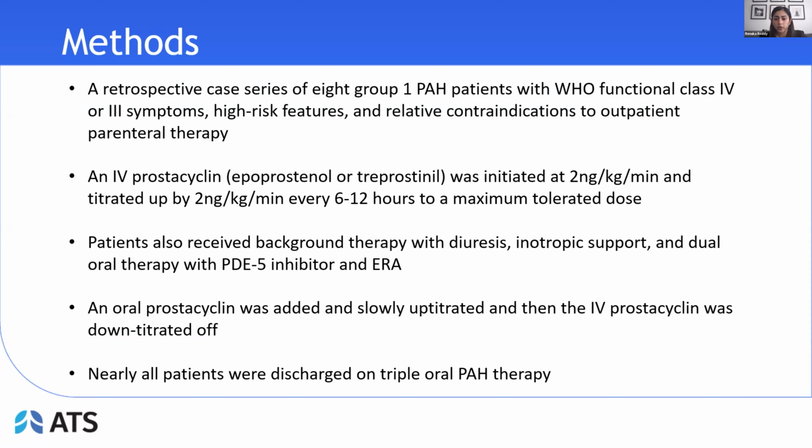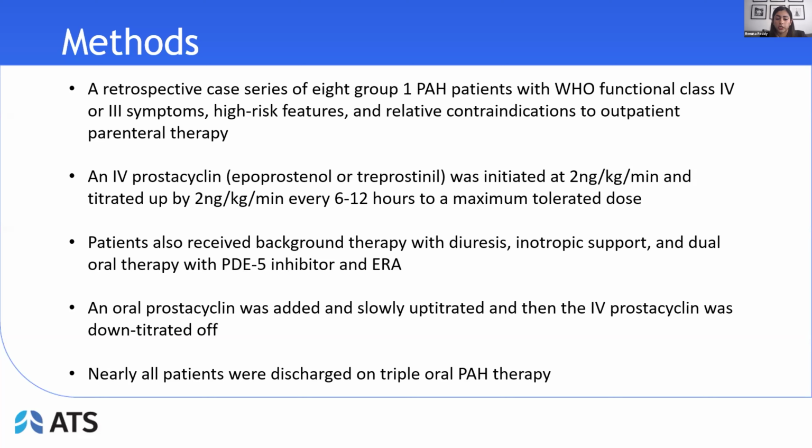And then all of our patients were also on a background therapy that consisted of diuresis, inotropic support, and also dual oral therapy with a PDE5 inhibitor and an ERA. An oral prostacyclin was initiated during the IV prostacyclin up-titration, and then the IV prostacyclin was slowly down-titrated off.